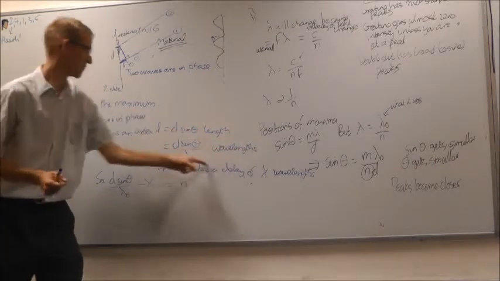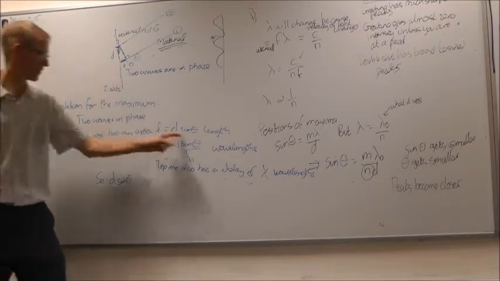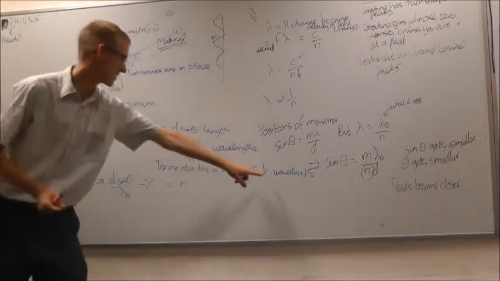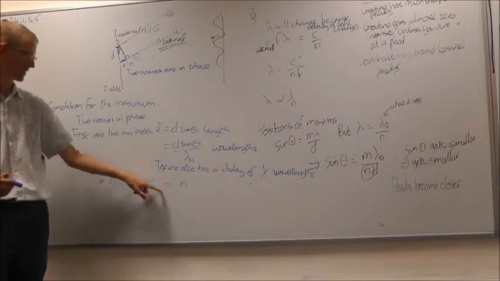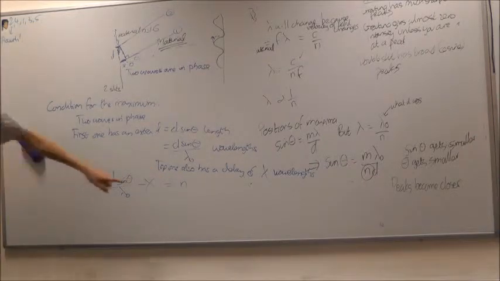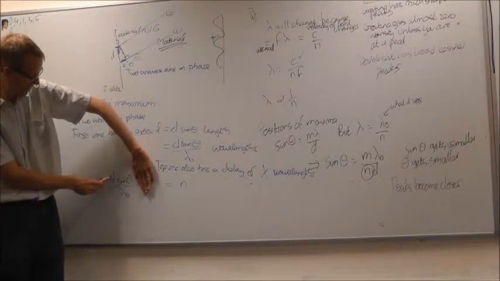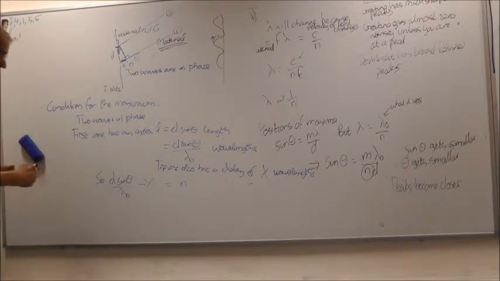So this is in number of wavelengths. This is that distance in number of wavelengths. So if we say the delay is x number of wavelengths, then d sine theta over lambda naught, take x, equals n. Now if x was 0, of course we end up with the same criteria as we had before.